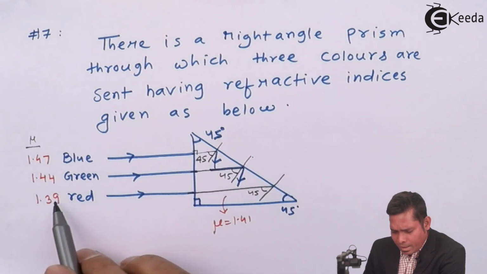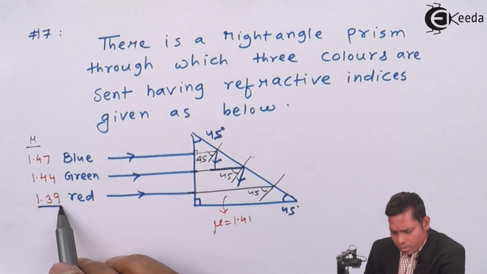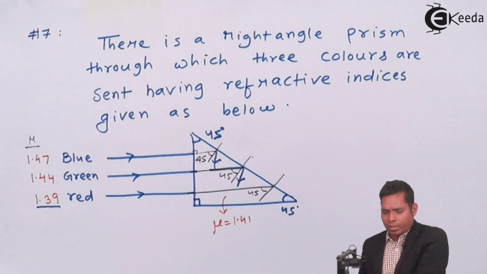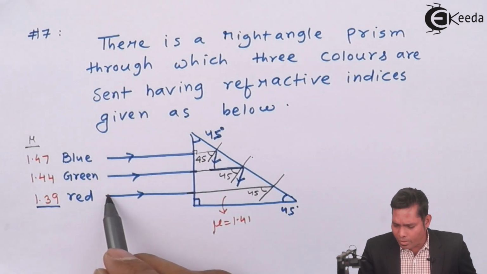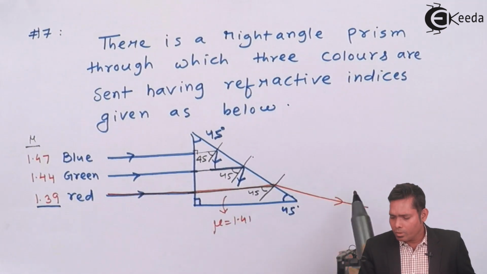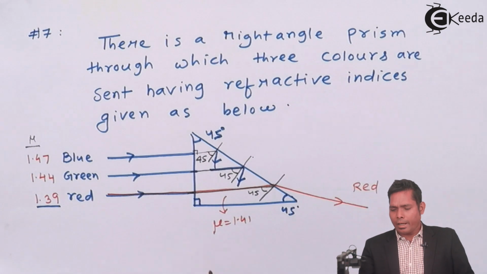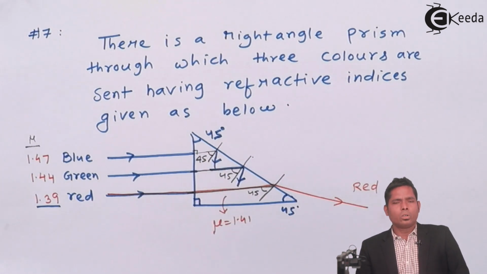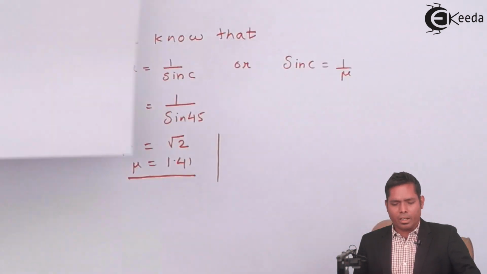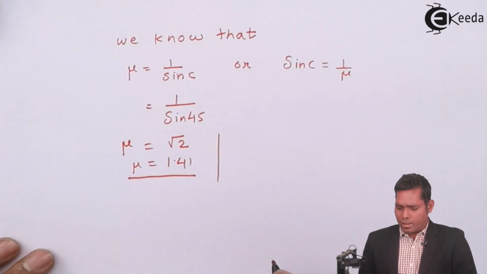The red one is having this mu which is less than this, so it will not undergo total internal reflections, so the red light traveling all the way to this surface will come out. The red will come out and other two rays will undergo total internal reflections. So in this process we separate the red from the rest of the two colors.